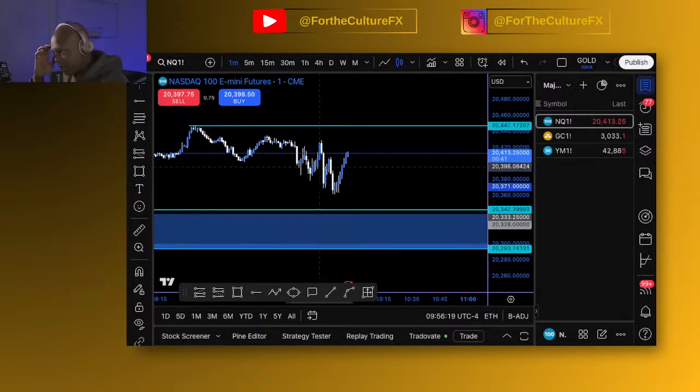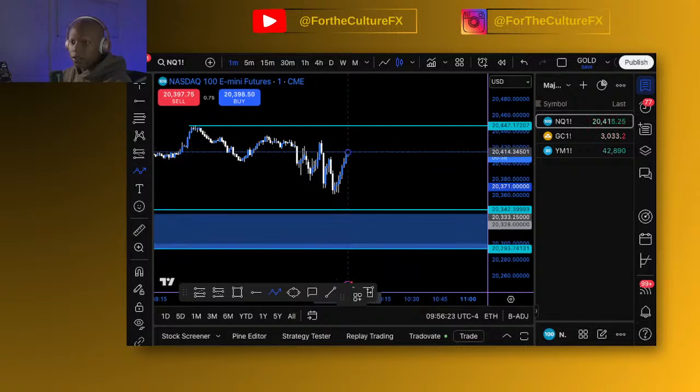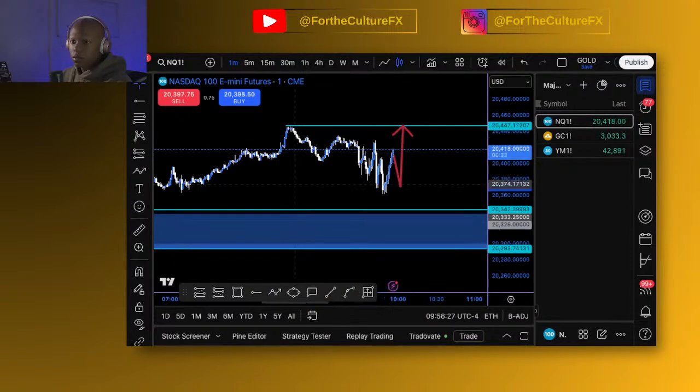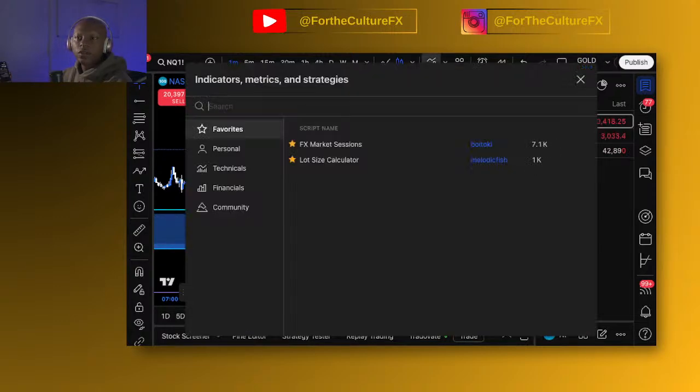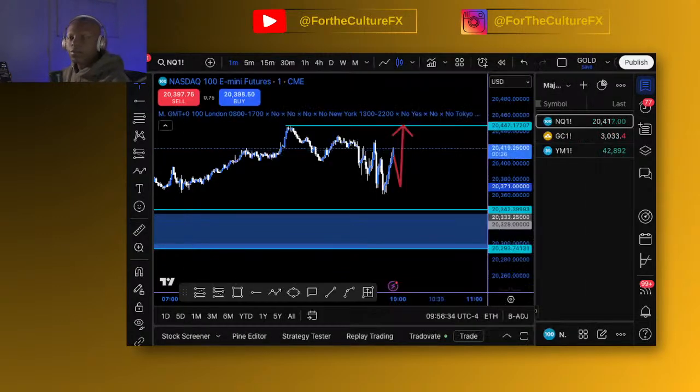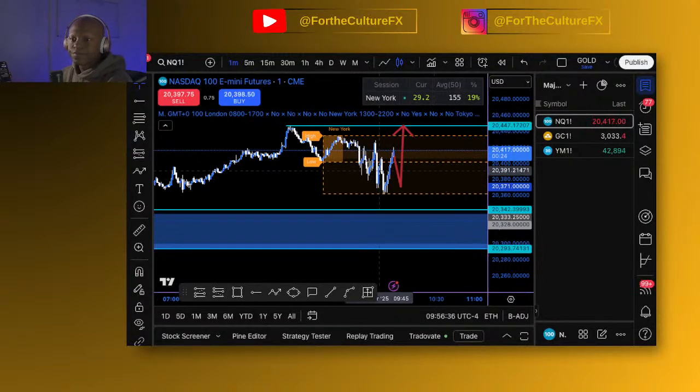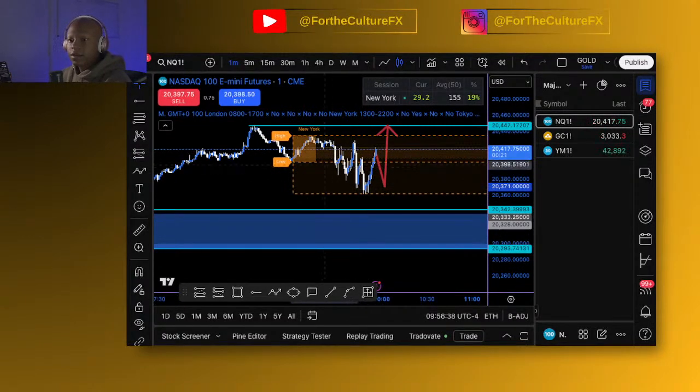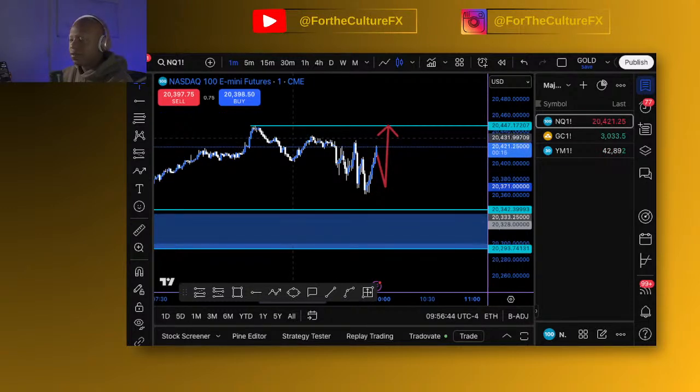But waiting for that extra step of confirmation is just so crucial, right? So crucial. We had our opening range low swept, and this is not an exact thing, right? So this doesn't happen every single day. We've just seen it consistently happening for the past couple of weeks.